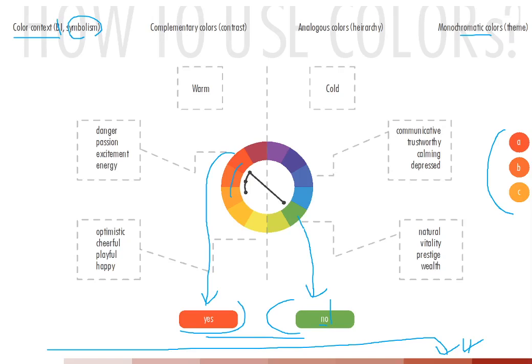Okay, let's see more about basic color symbolism. Here, the color wheel is divided into cold and warm colors. A warm color is mainly used in the food industry, restaurants. It gives coziness, like it's used in furniture, interior designs, because the colors are closer to nature. Well, cold colors are close to nature too, but in a different way.